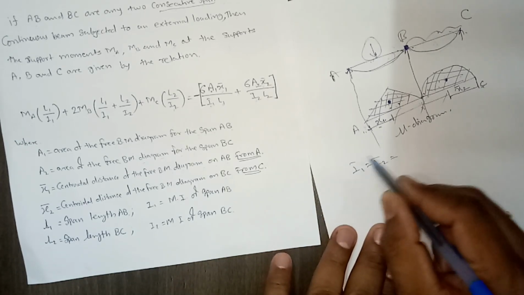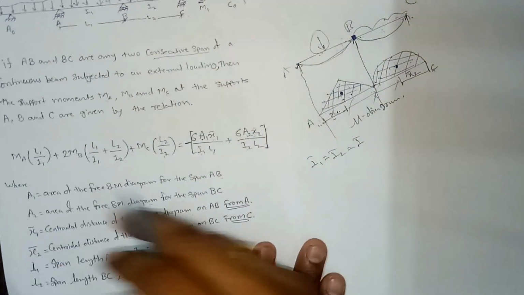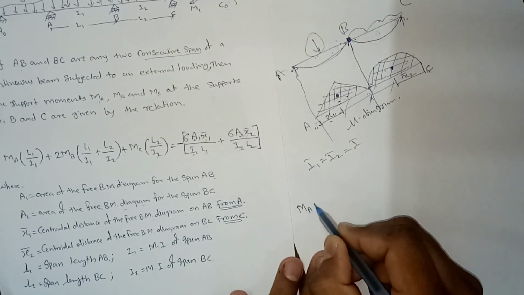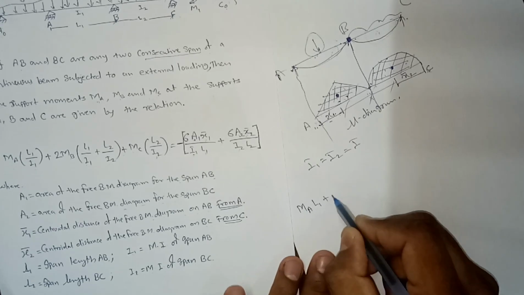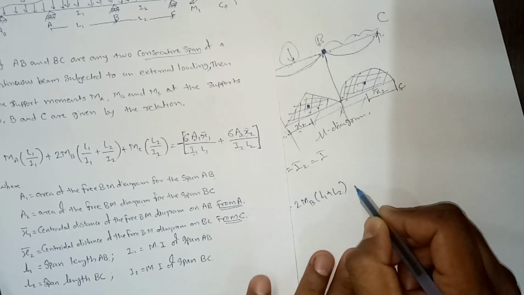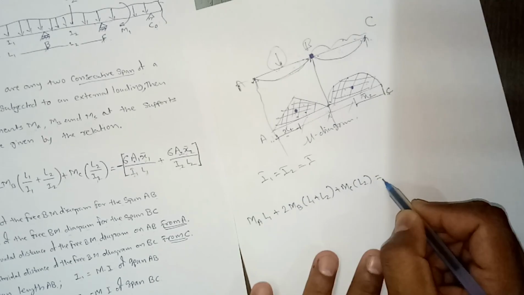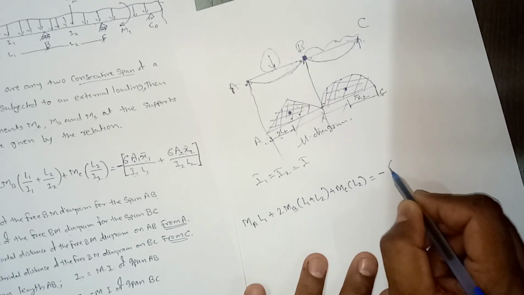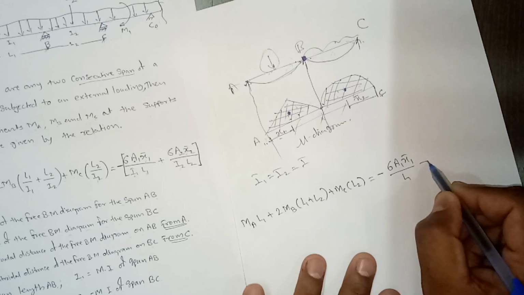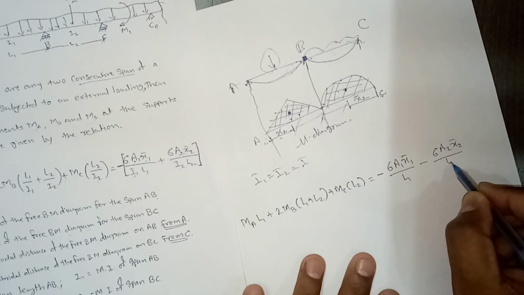If they are constant, then this equation simplifies further, and I gets cancelled from both the right and left sides. So you can simply write: M_A L1 plus 2 M_B into (L1 plus L2) plus M_C into L2 is equal to minus 6 A1 x1 bar by L1 minus 6 A2 x2 bar by L2, right?